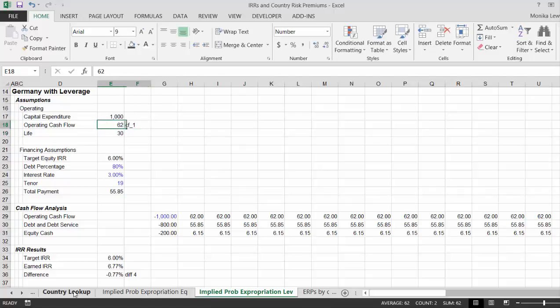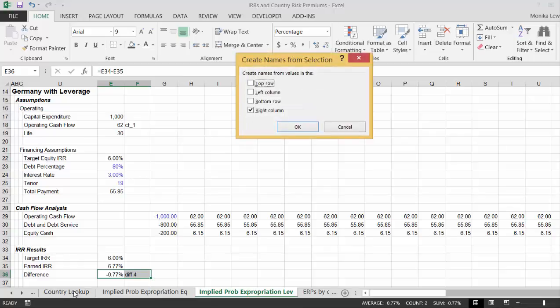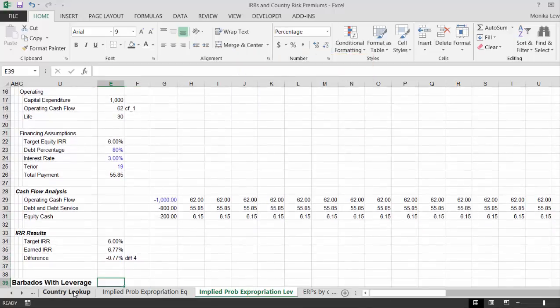The reason CF wouldn't work is because CF1 is a shift control. Okay? It wouldn't work because that's the name of a cell. Hope you still can hear me.